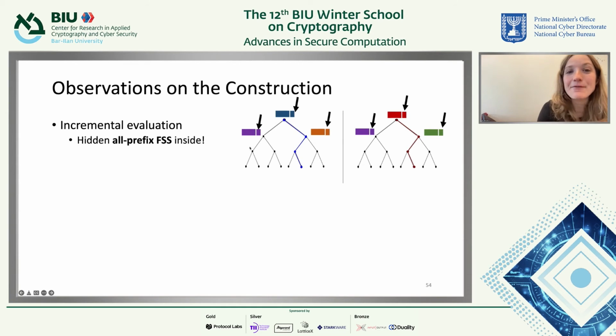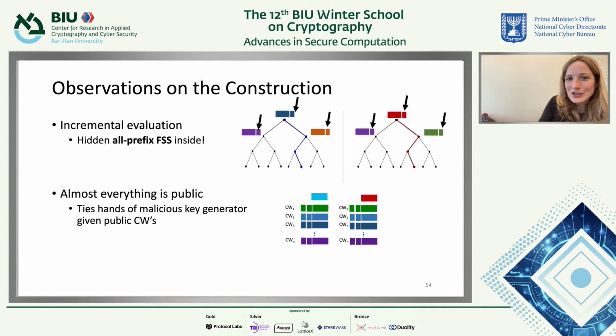So if I evaluate on the first 5 bits and I stop, I don't do the full DPF evaluation; that gives me some string and some bit here. And that bit is already a secret sharing across our two computed values of whether these 5 bits are indeed a prefix of the special input alpha. So this is a relatively new observation.